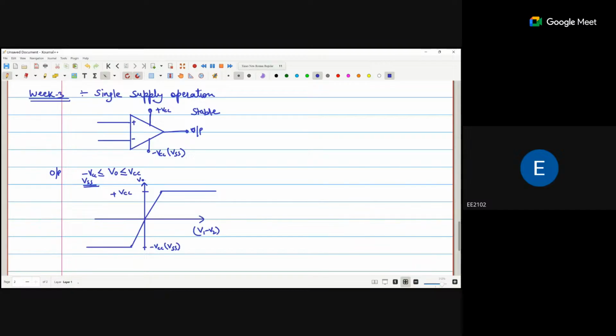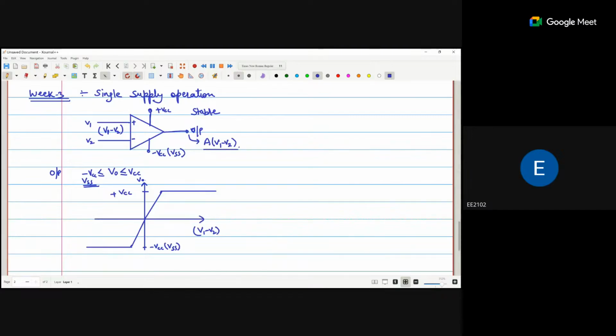Okay, because we know that if we apply the input voltage V1 minus V2, this is V1, this is V2, the output voltage is A times (V1 minus V2).